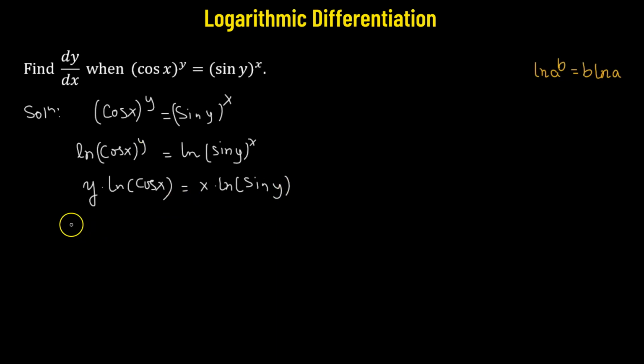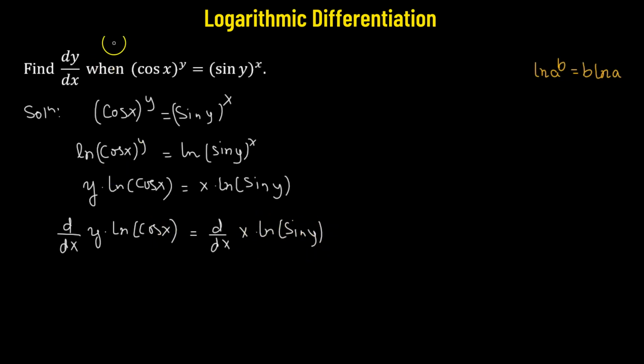Now we'll take the derivative on both sides with respect to x. So we have derivative with respect to x of y times natural log of cosine of x, equals derivative with respect to x of x multiplied to natural log of sine y. Now we can use the product rule on both sides.